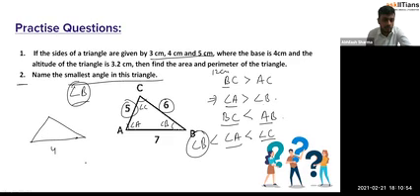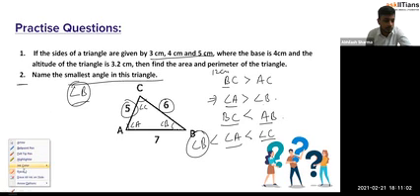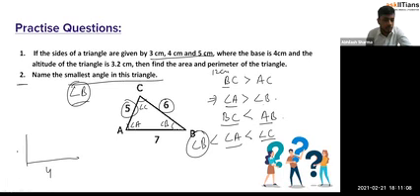Let me draw a better diagram. Four is the base, 3 is here, and 5 is here. Now 3.2 is the altitude of the triangle. So area we have to find, perimeter we have to find.